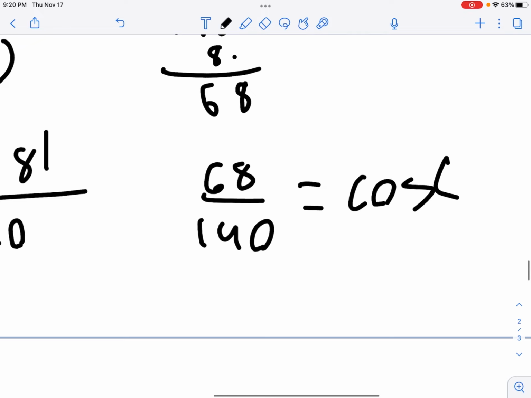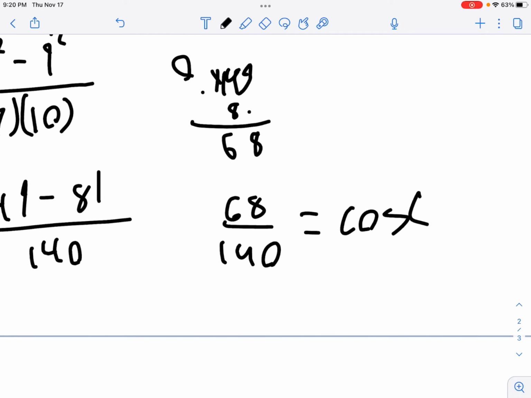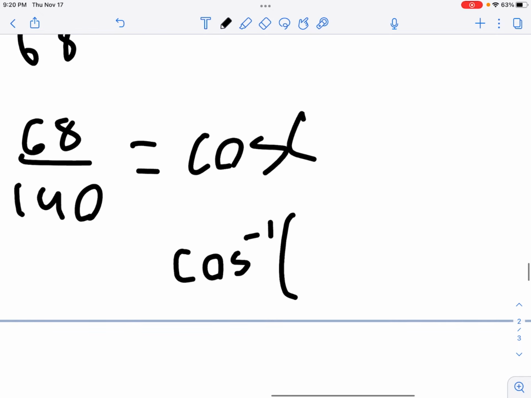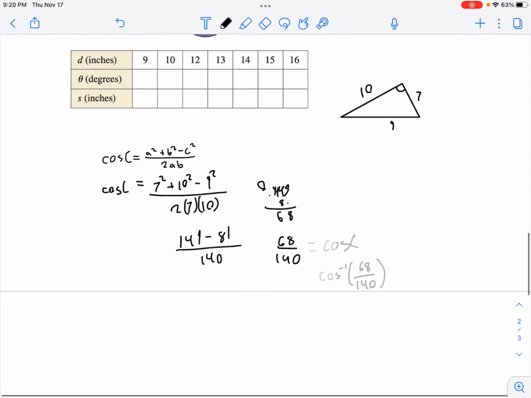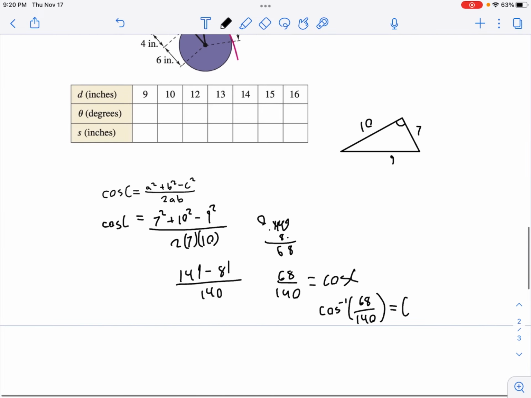So to get C, we're simply just going to do cos inverse, or arc cos. So cos negative 1 of 68 over 140 equals, and that's going to be our C. That will be our angle C, which is our angle theta.